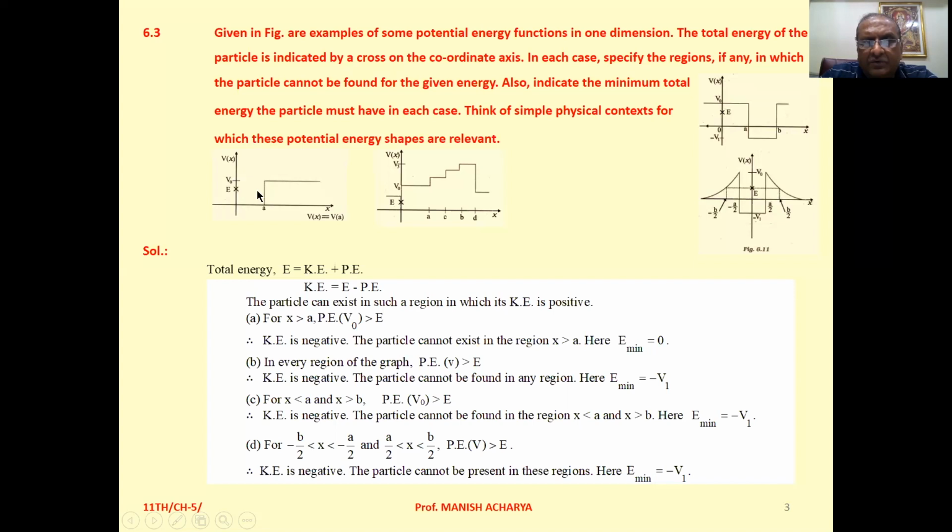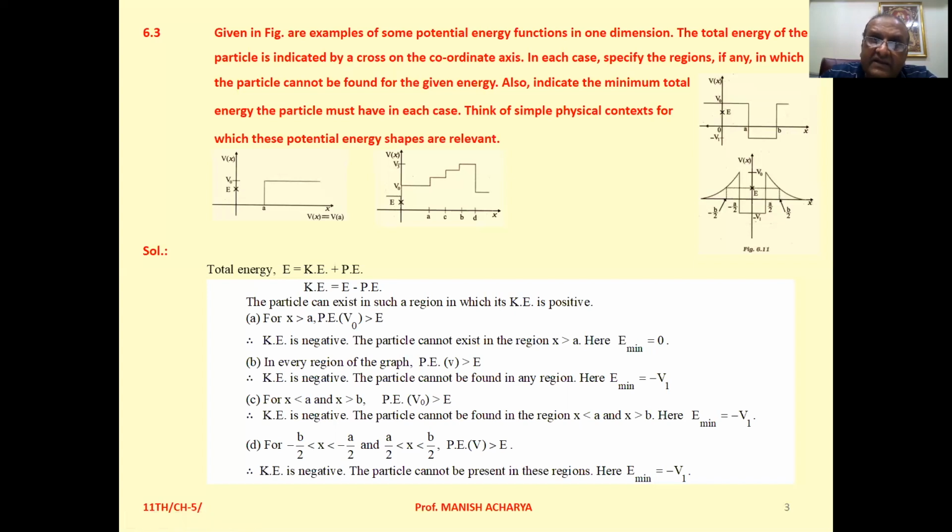Okay, so suppose we consider this first graph. This is V0, meaning potential energy. This is kinetic energy. So here, if x is greater than a, on this side of the graph, potential energy is greater than total energy. So as per this equation, if potential energy is greater than total energy, then kinetic energy will be negative.